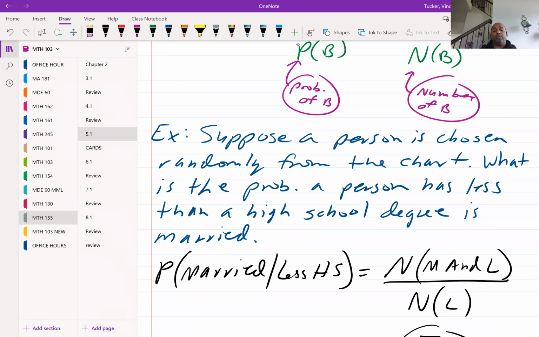Basically, the person that's chosen is married, given that they have less than a high school degree. So that would be the positioning that we would put them, because remember, the position of these matters in reference to that line. So we're talking about the person is married, given that they have less than a high school degree.